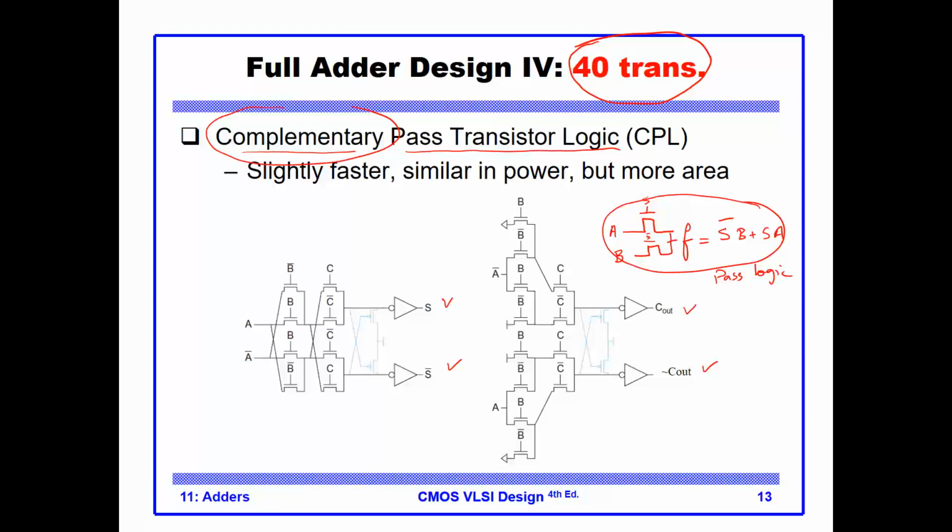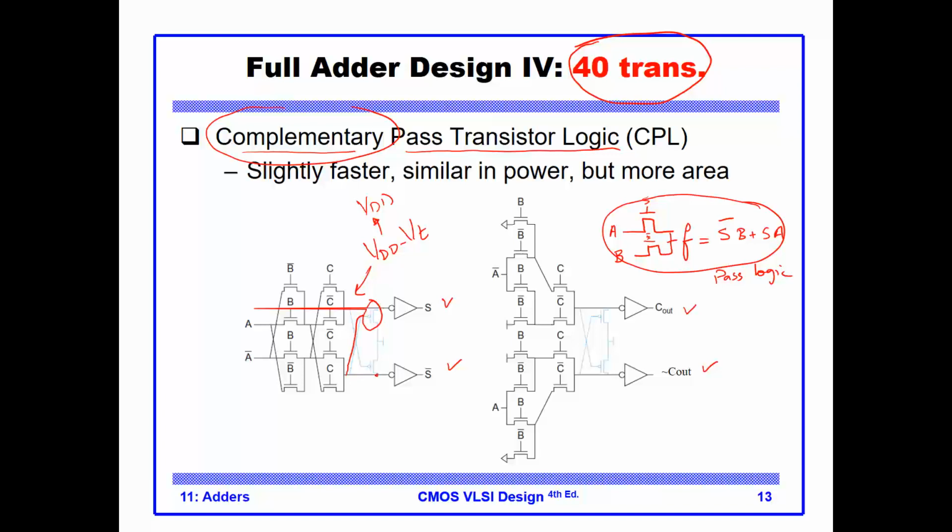And one thing we know about the pass gate, that it doesn't give you a full VDD here, rather it gives you a VDD minus VT. But because we are implementing the complementary, we can boost the output from VDD minus VT to VDD with this tiny PMOS, and this tiny PMOS is activated by the negative or the complement of the function.